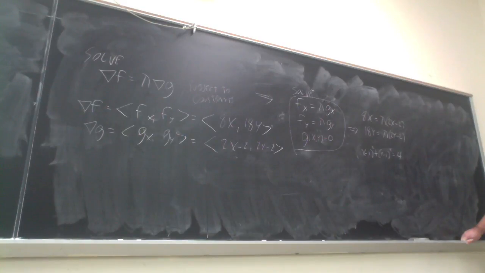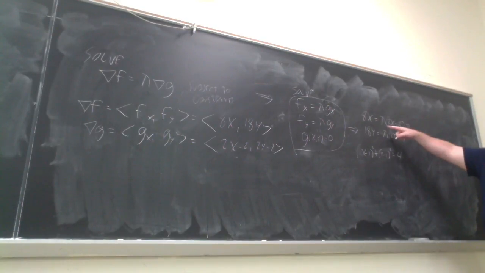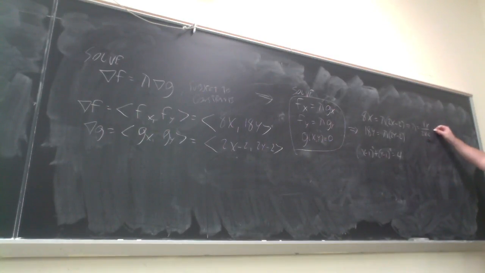Now, one way to eliminate lambda is if I could take this equation and rearrange it for lambda. We have lambda is equal to 8x over 2x minus 2, which can be simplified. You can divide both top and bottom by 2, 4x over x minus 1. But you can also do the same thing over here.